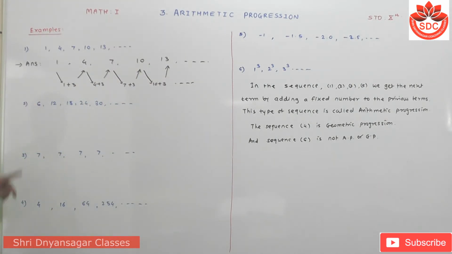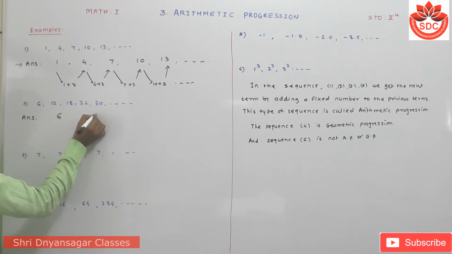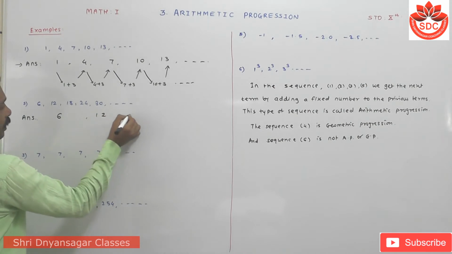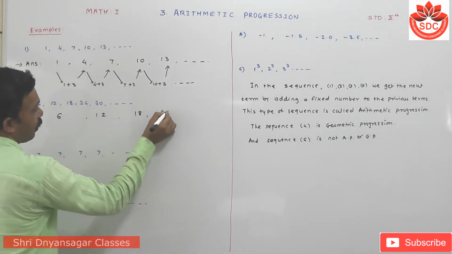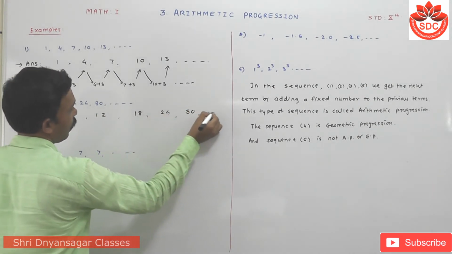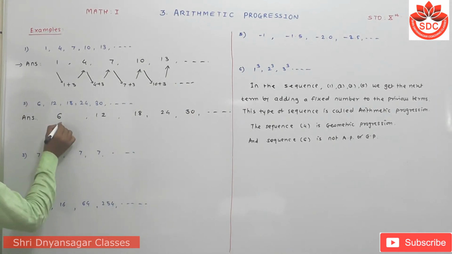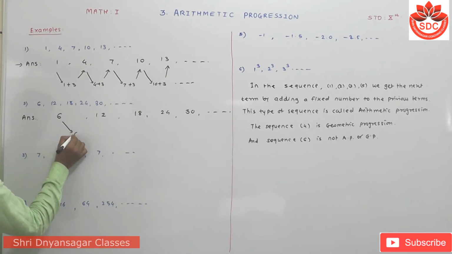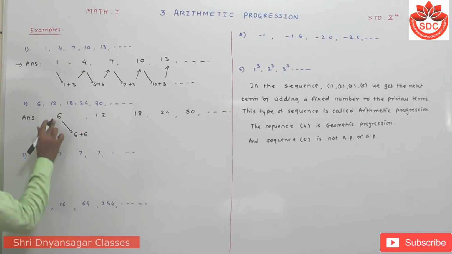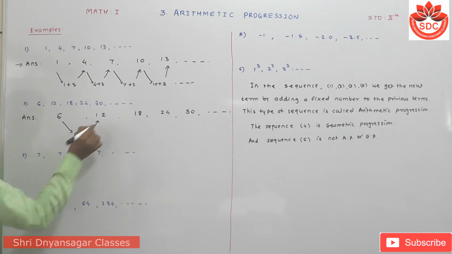The second one is 6, 12, 18, 24, 30, etc. When we observe carefully, if we add 6 to 6 we get 12.